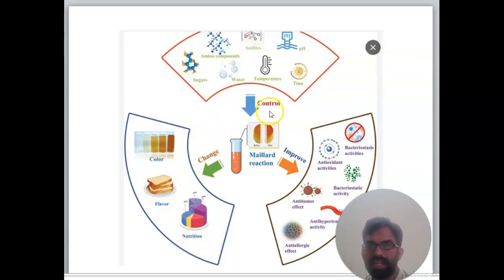And you can control sugar, water, temperature, time, pH, sulfite and amino acid compounds in these Maillard reactions.